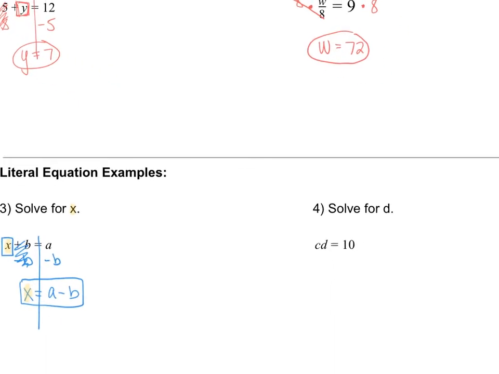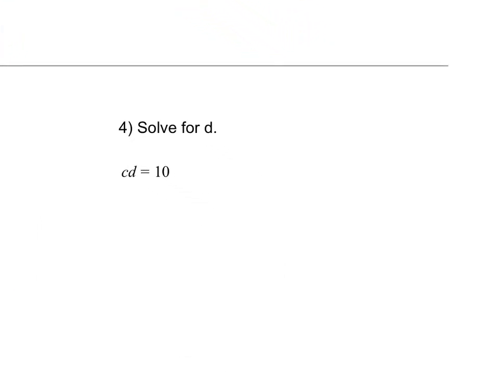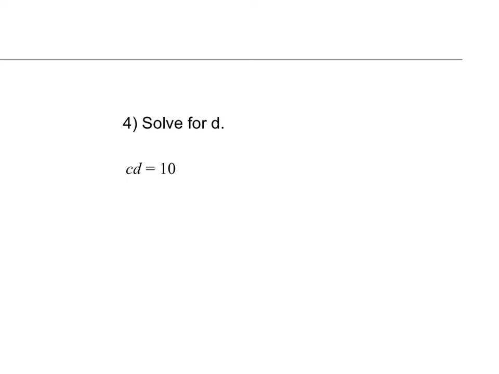All right, so let's do another example. Example 4, we have solve for d. So I'm going to zoom in here. It says solve for d, and we have cd equals 10. So I'm going to go ahead and put my box around that d. That's the one I'm solving for. I want to get that one by itself.